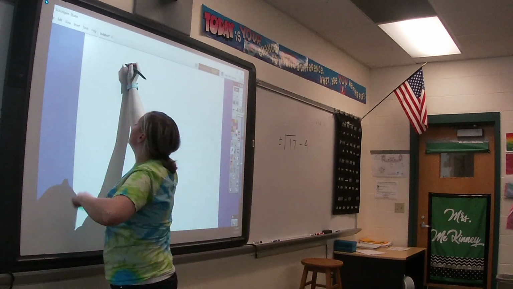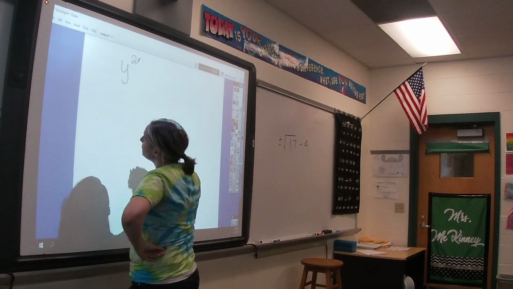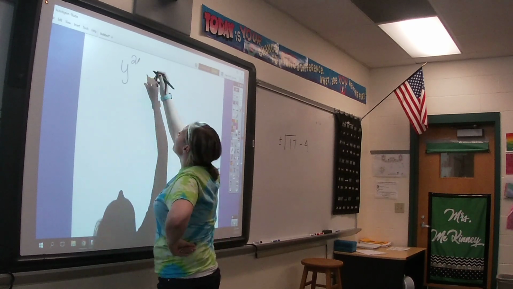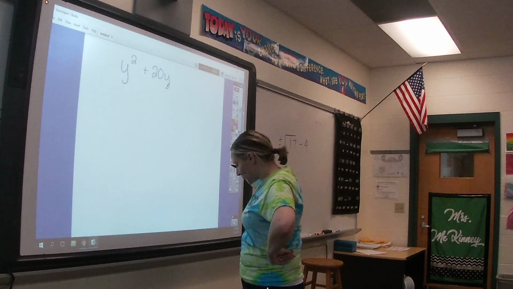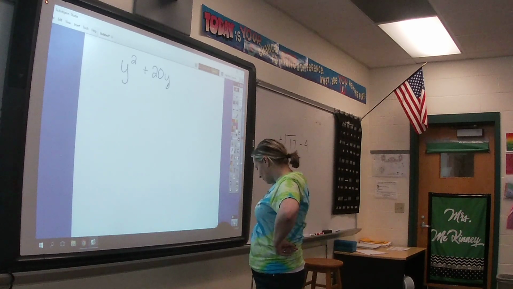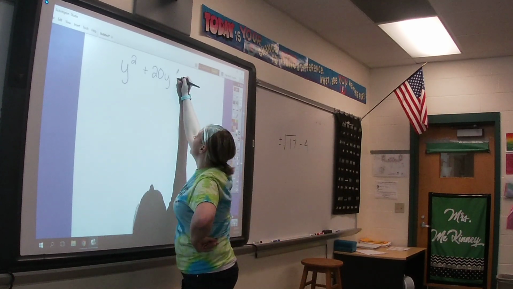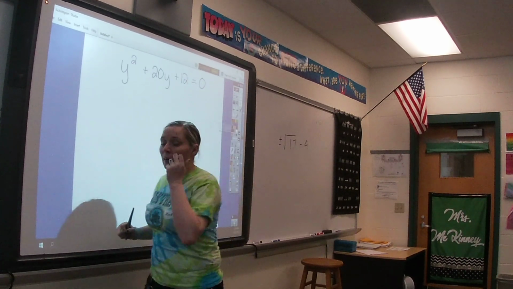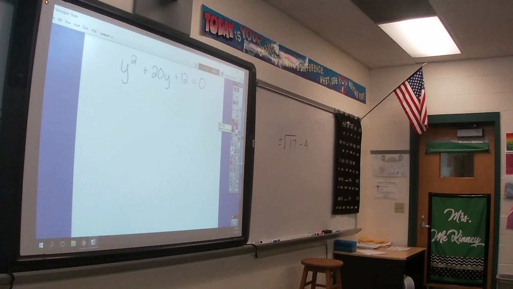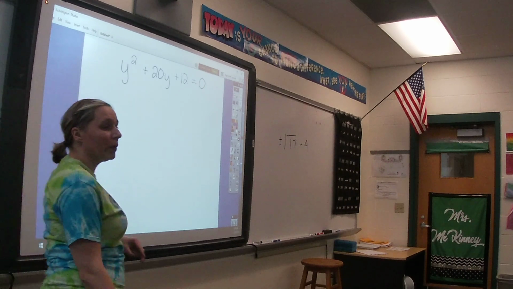How about we have y squared plus 20y plus 12 equals 0. Subtract 12. Is this in the correct form to complete the square? No. What do we need to do first?